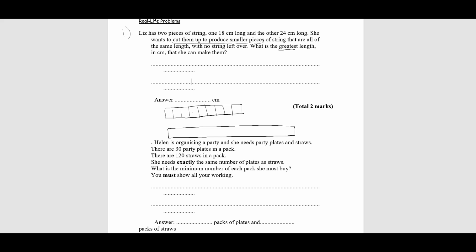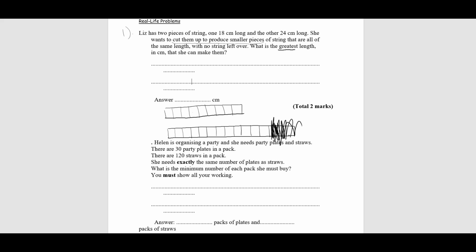We could do the same thing with the 24: 1, 2, 3, 4, 5, 6, 7, 8, 9, 10, 11, 12. So the 18 is made up of 9 groups of 2, and the 24 centimeters long one is made up of 12 groups of 2.